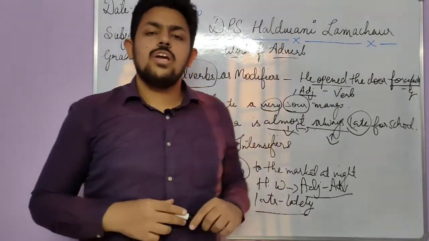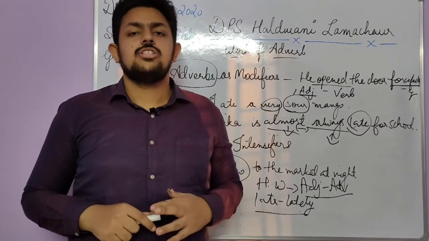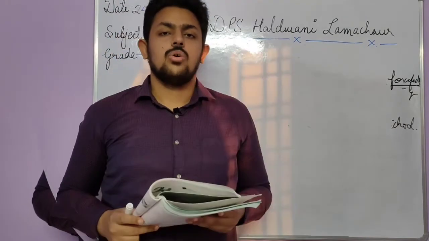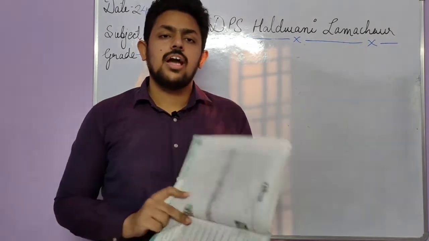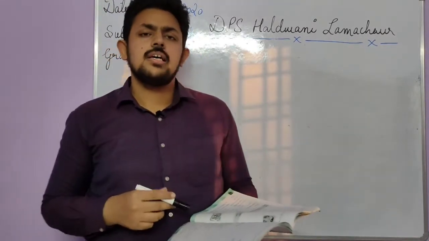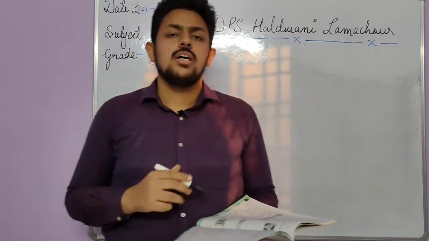Now we are moving ahead to our exercises. Then the chapter will be over. Okay class, so here I have your grammar book and we will do all the exercises together.